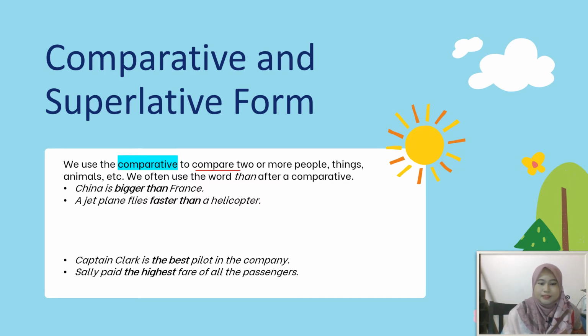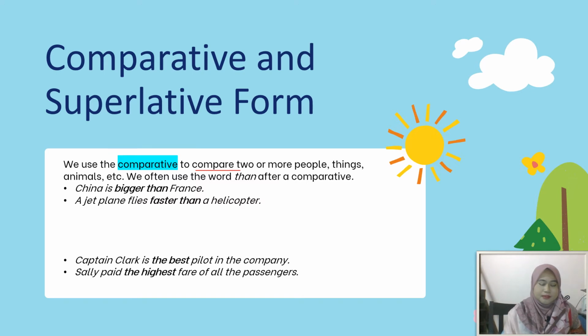Bigger than is an adjective. So the adjective big, when you use in comparative form, you should add er at the back. So er, bigger than. There are a few comparative adjectives that are not similar to their original form.